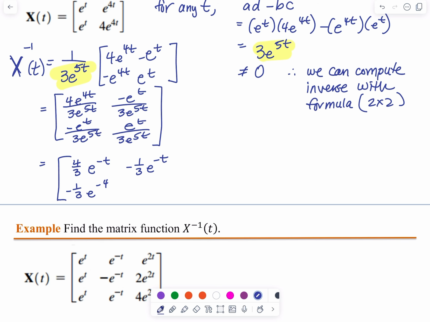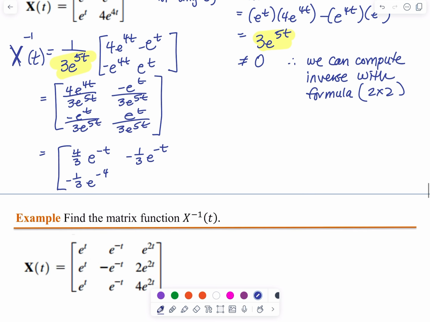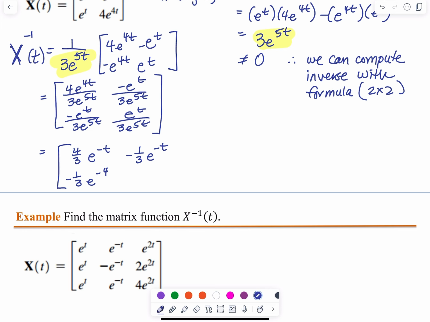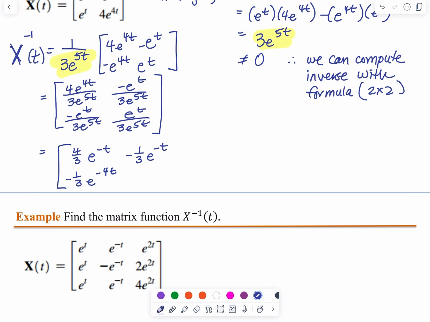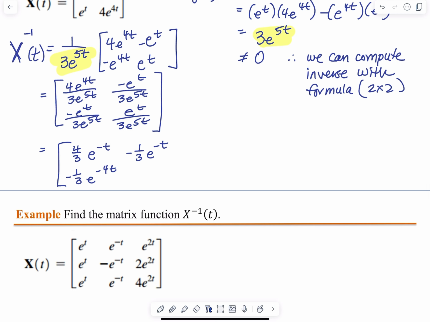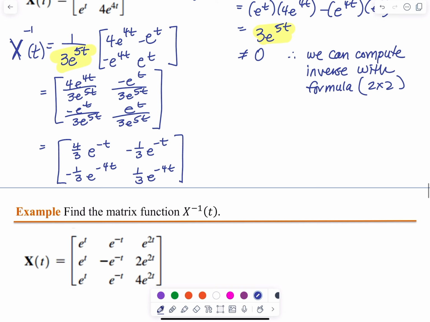Okay, so now we will have negative 1/3 e to the negative 4t, and then we will have 1/3 e to the negative 4t. And that is x inverse of t.